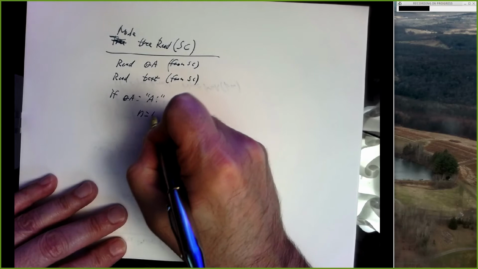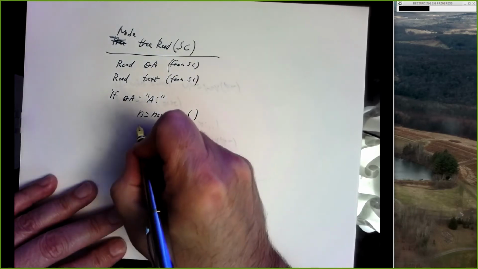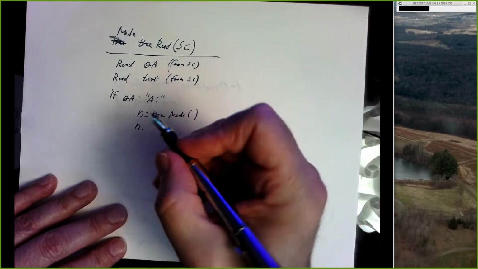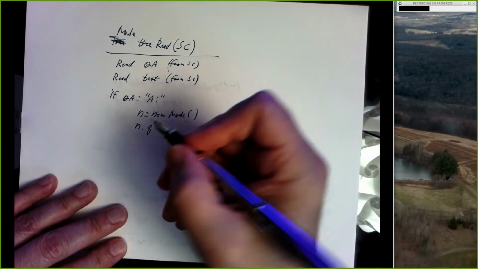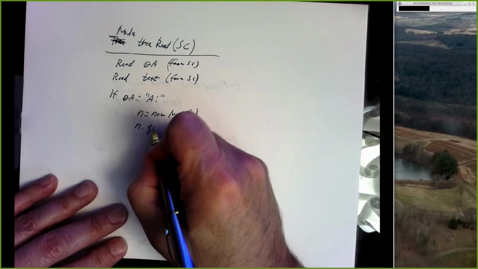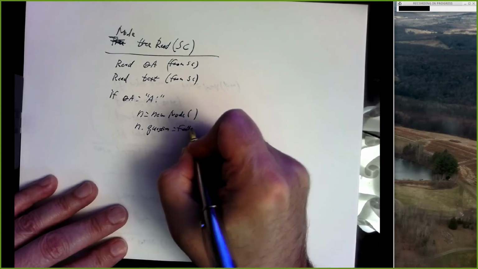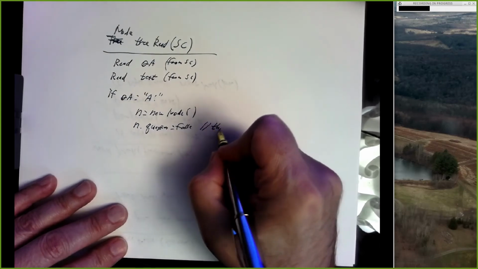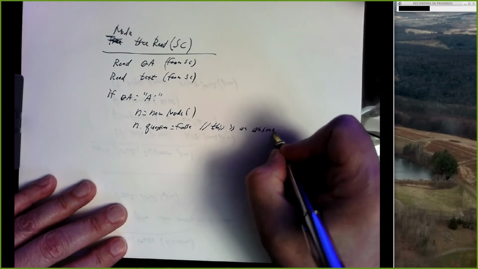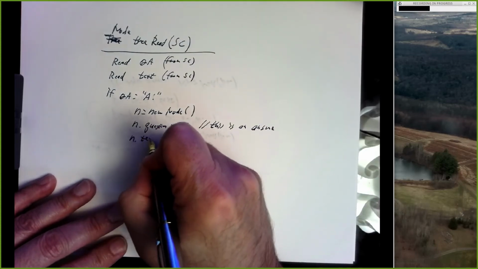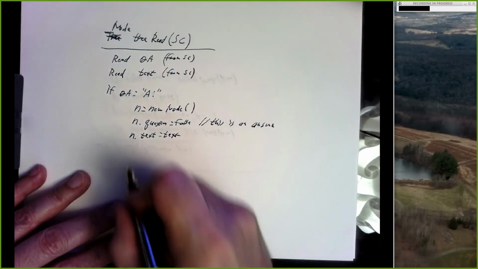So n equals new node. Make yourself a new node. If you're going to have a question-answer flag, let's just suppose it's a question flag. n.question equals false, because this is an answer. n.text equals the text that you read in.